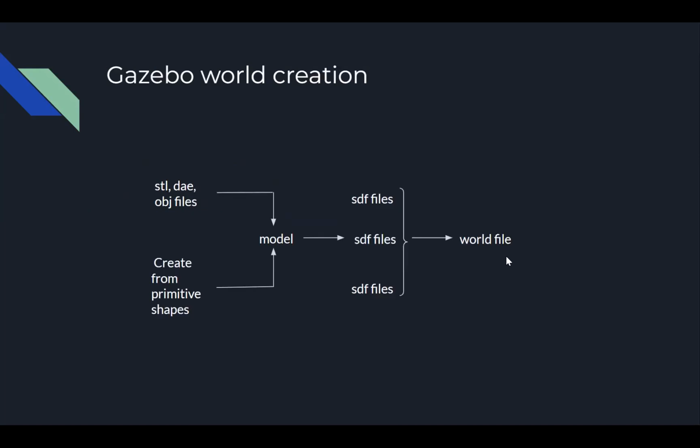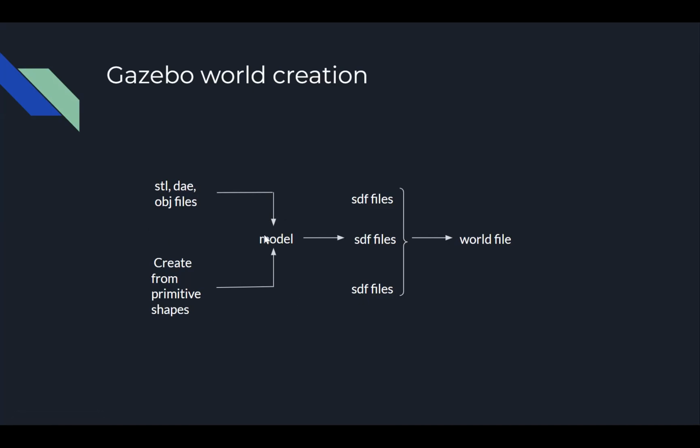So in order to create a Gazebo world, we would first start with a model. To create a model, we can do it two ways. Either we could use pre-built STL, DAE or OBJ files, which we can get from a 3D CAD model, and import those to create our model, or we can use the primitive shapes available in Gazebo.